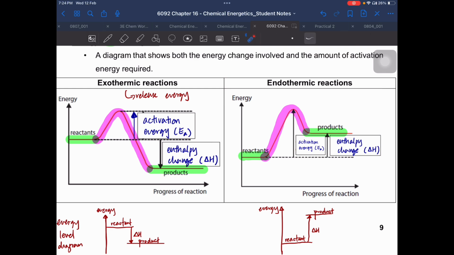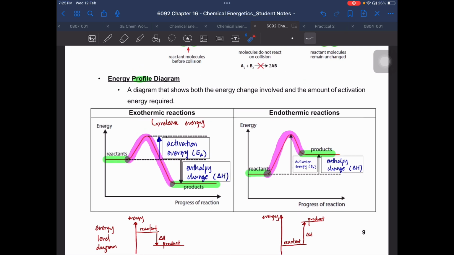So this is the endothermic reaction. But when it comes to the energy profile diagram, you have to represent a vertical slope upwards before it goes back to where the product is supposed to be. And this sharp increase up is what we call the activation energy for the reaction. And this difference in energy is what we call the enthalpy change of the reaction, right? So I hope this gives you some perspective about what the energy profile diagram is compared to what the energy level diagram is.